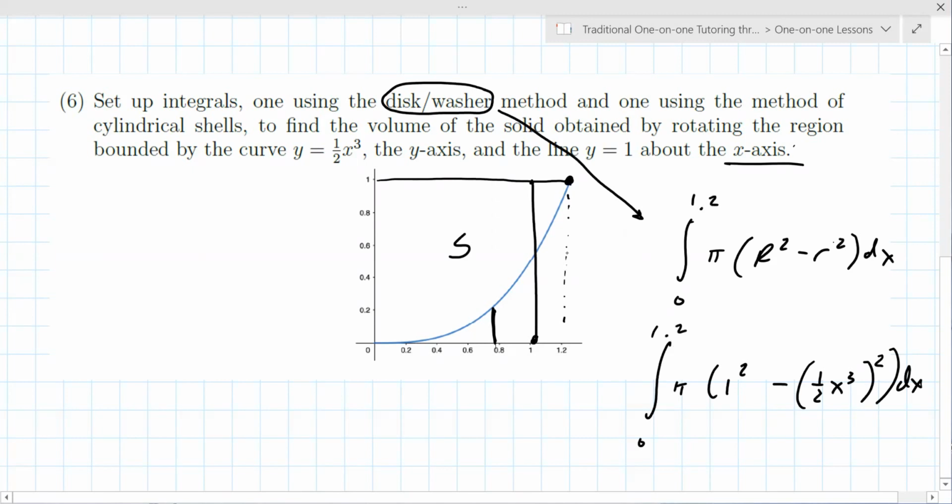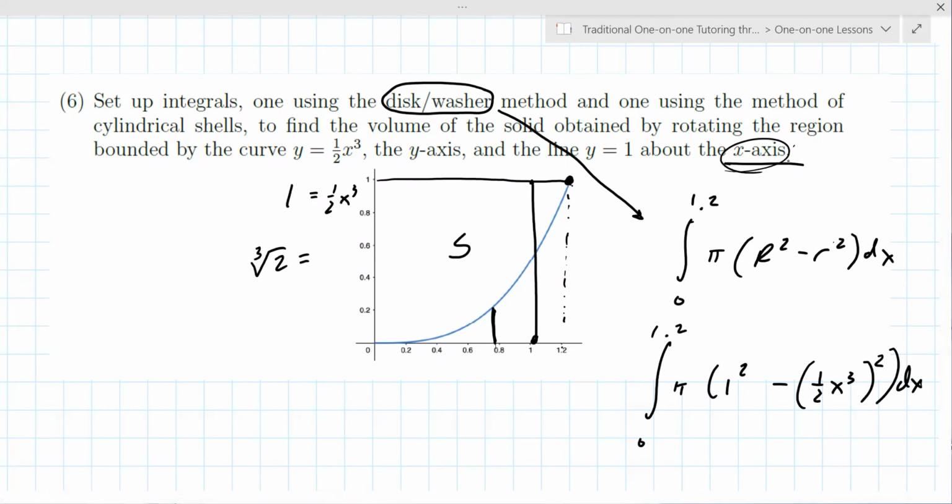But yeah, it's this value wherever they intersect. I mean, it's weird. If you put 1 in for y, it's 1/2 x cubed. It's the cube root of 2, which probably is about 1.2. Okay. So the bounds come from the x-axis, when you're rotating about the x-axis? Yes, whatever axis you're rotating about, that's where the bounds come from. Okay, all right.